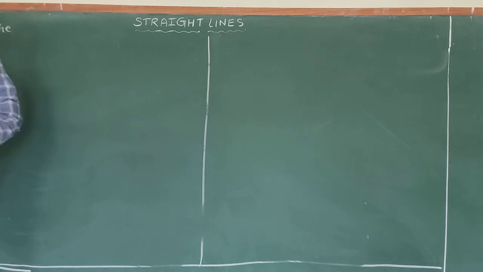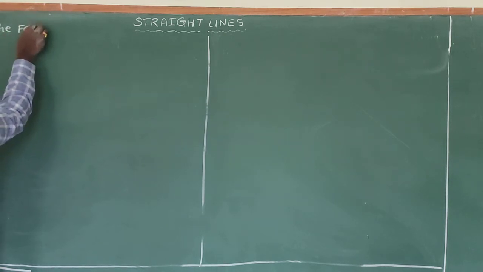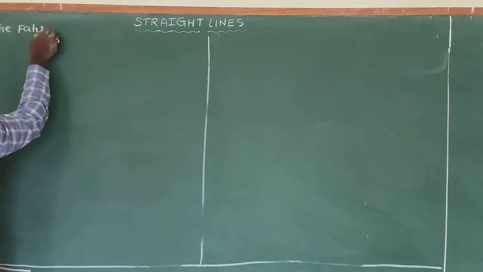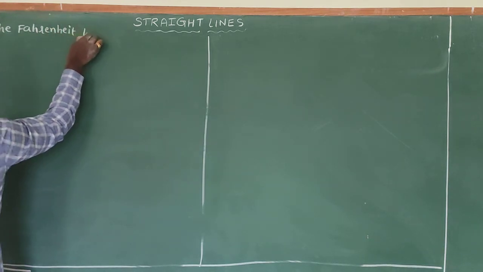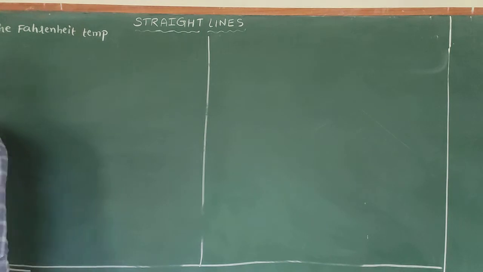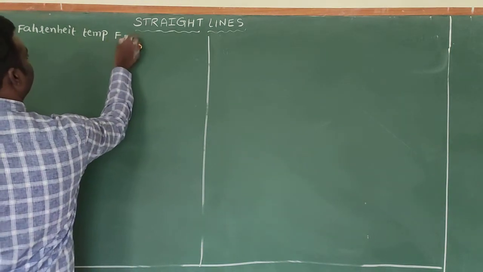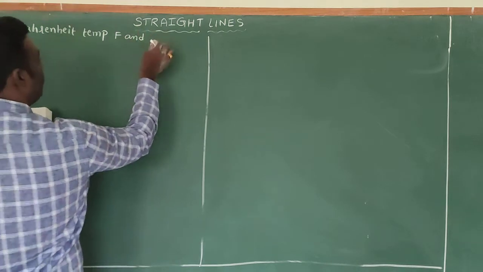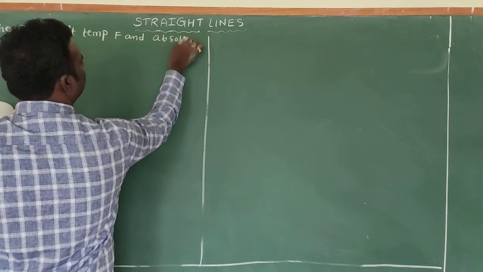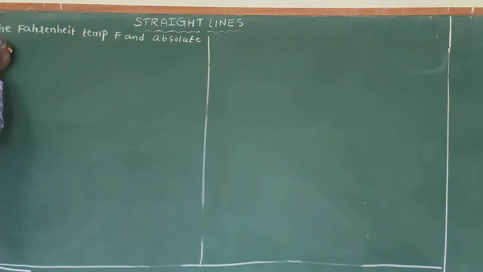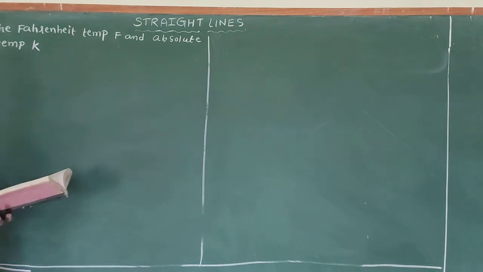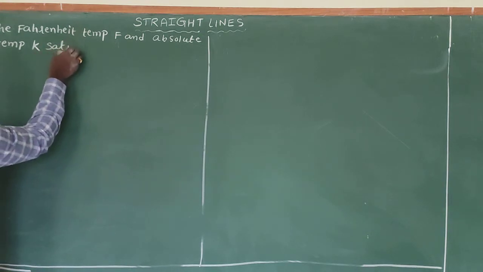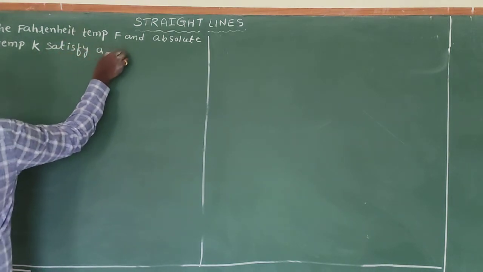The Fahrenheit temperature F and absolute temperature K satisfy a linear equation.